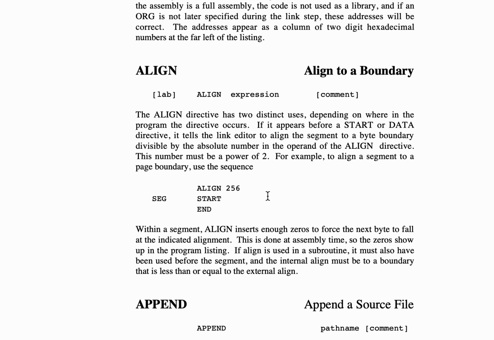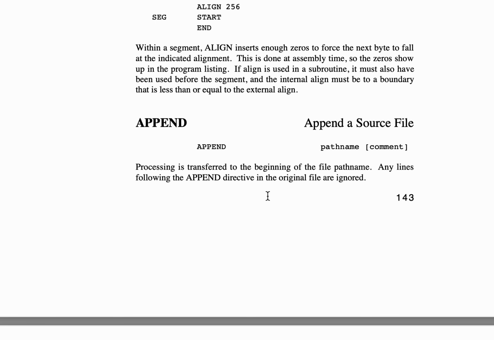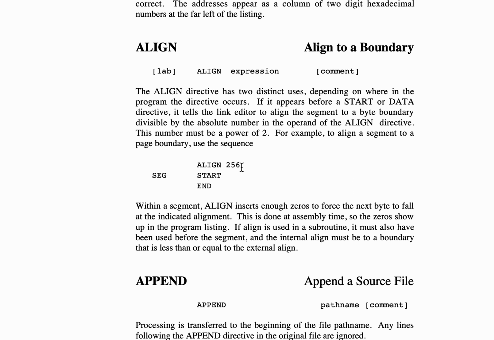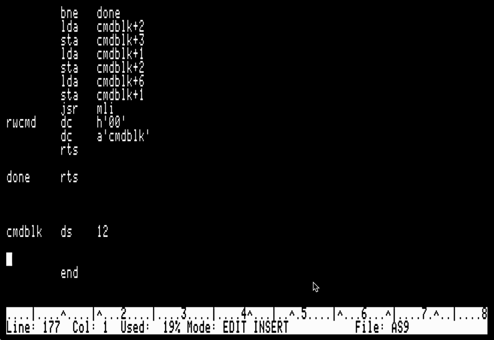And I've said page several times. What I mean by page is a 256 byte section of memory. That's what Protos considers a page for its purposes of memory allocation. So I can use this align 256 directive here. I can just say align 256.